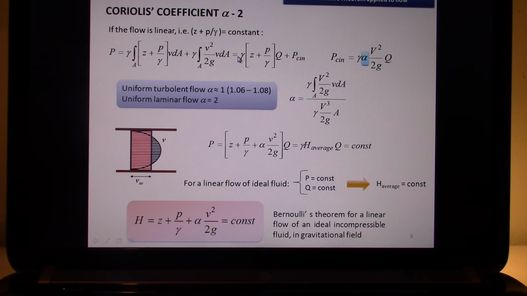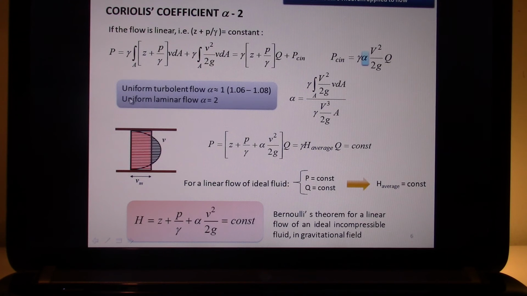And this is gamma, the specific weight, times, since it's constant, we can bring it outside, so it becomes Z plus P over gamma times Q, because the integral over the cross-section of VdA is the volumetric discharge, plus the kinetic power, which is gamma alpha multiplied by the average velocity to the power of 2 over 2g times the volumetric discharge.